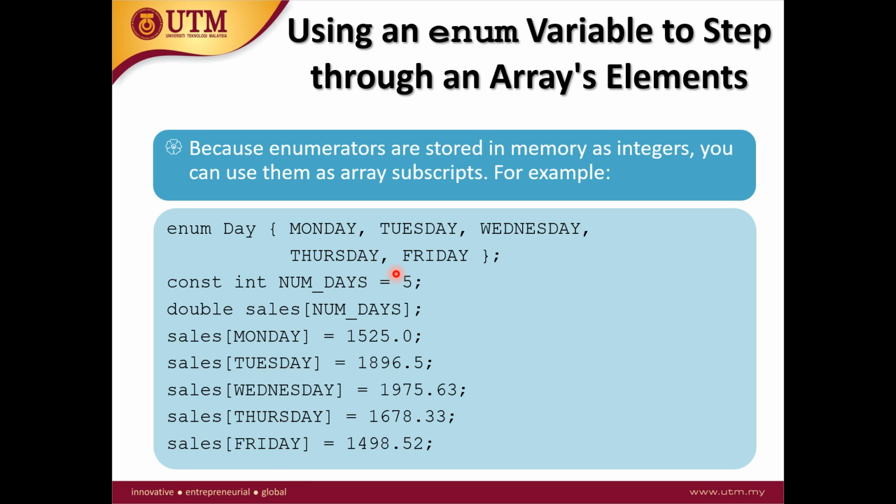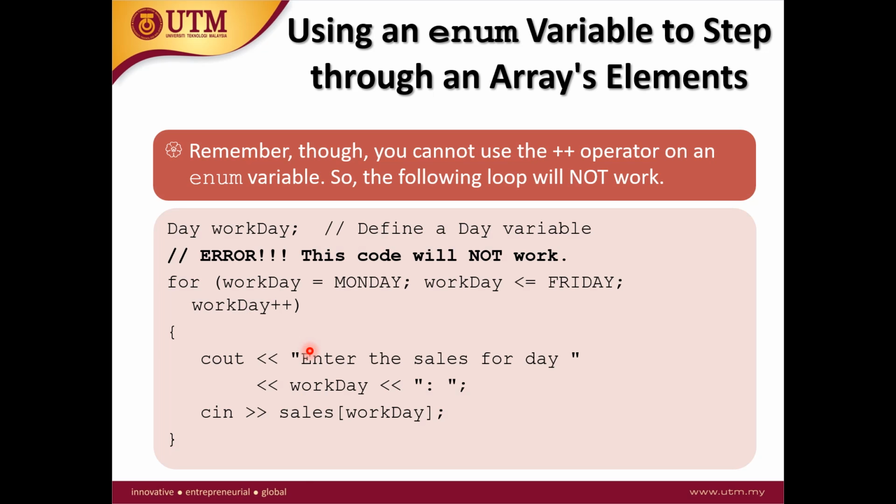So you can use the enum variables as integers here, but we can't use the increment operator or decrement operator on any enum variable. Like here, day workday, where workday is an enum variable. We say workday equals Monday, it's less than or equal to Friday, but we can't say increment workday.